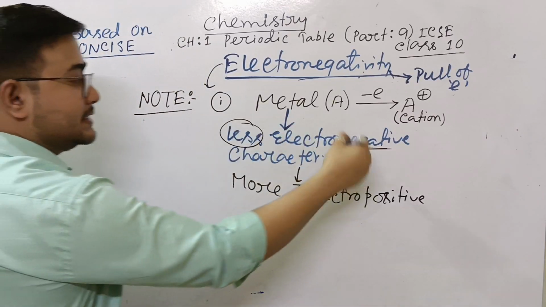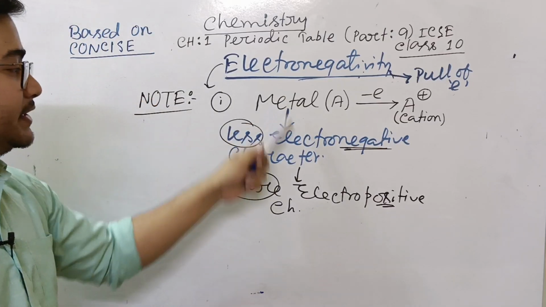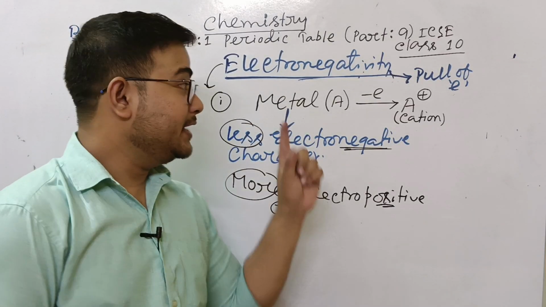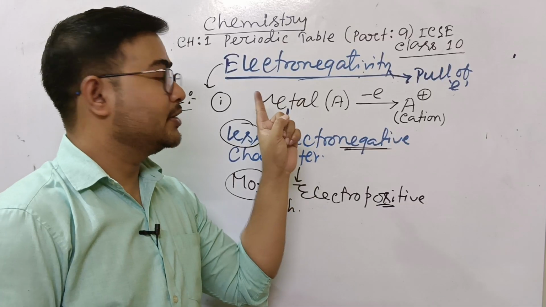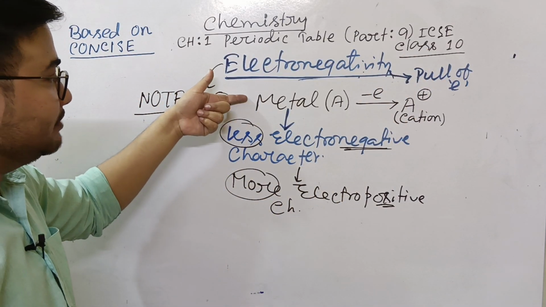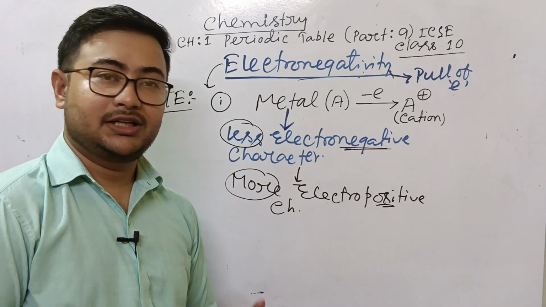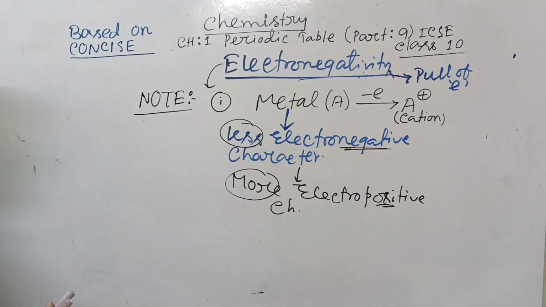Since less negative, so more positive, no? These points are given in Selina. Very, very important topic and concept for your board examination. So one more time, metal means more electropositive. Done.